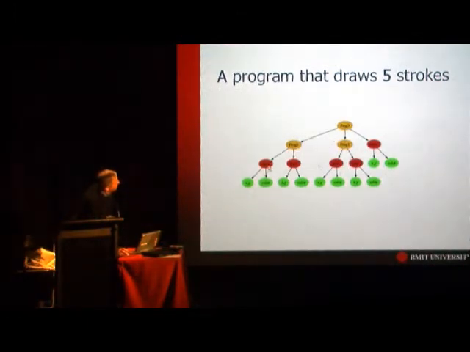To get these draws, 1, 2, 3, 4, 5 draw strokes is represented here. That's done by a higher level program that can do two things. So it's going to do 2 draws. Same with this one. And this one is doing a single draw. And the program 3 can do 3 things. First it'll do this, and then do this, and then do this. So it's a fairly typical kind of recursive structure you might see in program development.